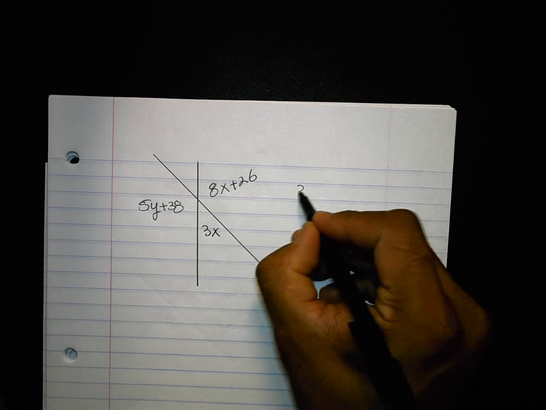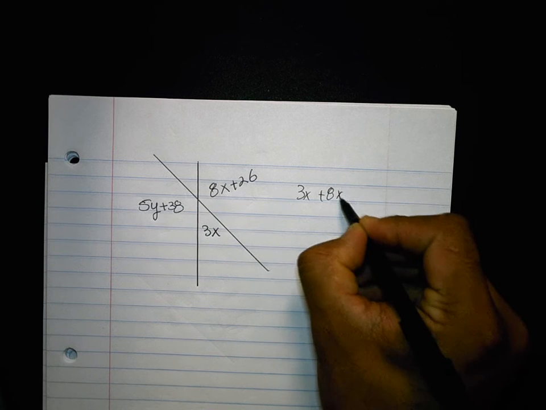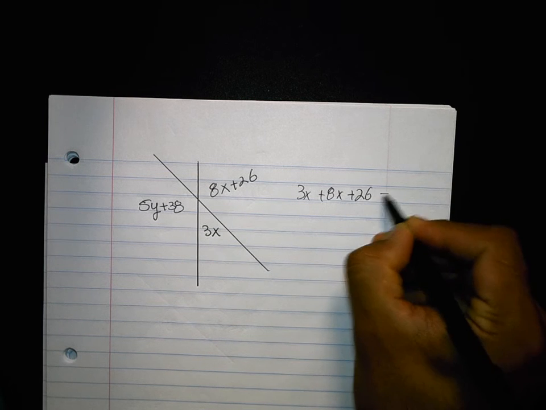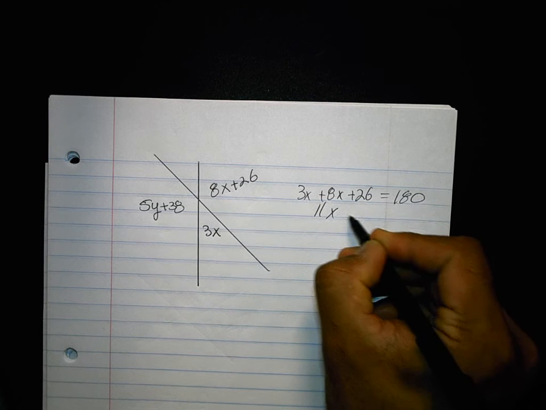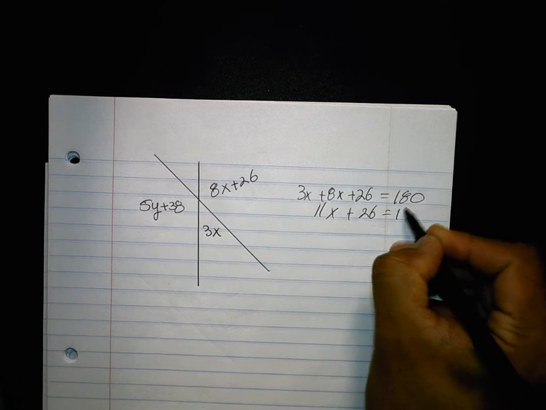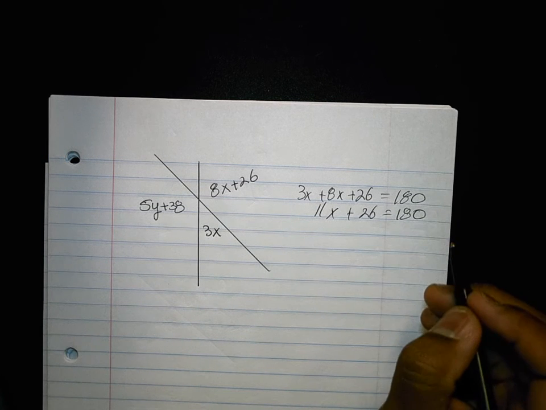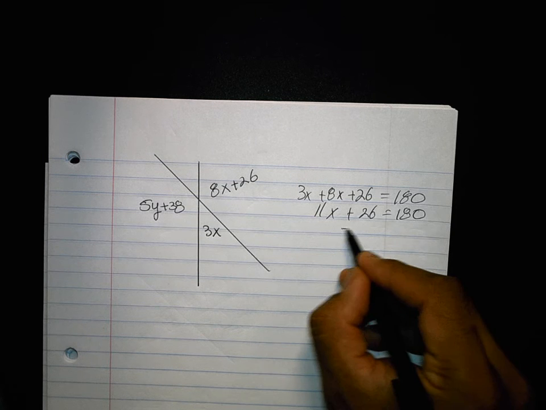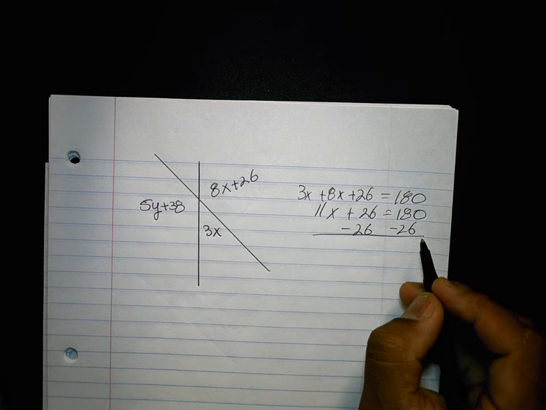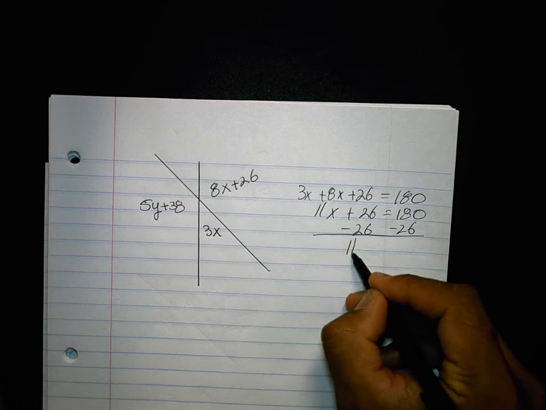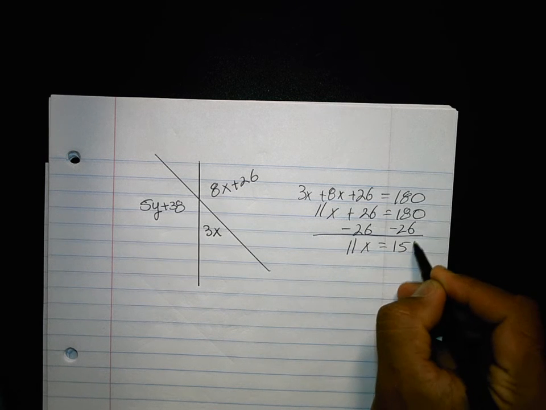So this is going to be 3x plus 8x plus 26 equals 180. So I get 11x plus 26 equals 180, and then I subtract 26 from both sides, and I get 11x equals 154.